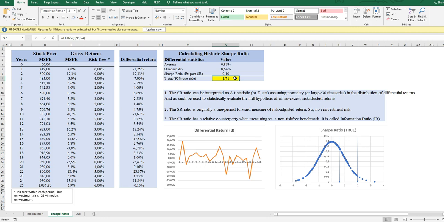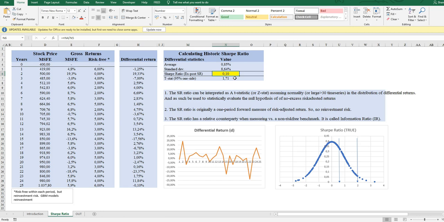So what we do normally is to test whether the result is statistically significant, so that we can reject a null hypothesis of no excess risk-adjusted return.